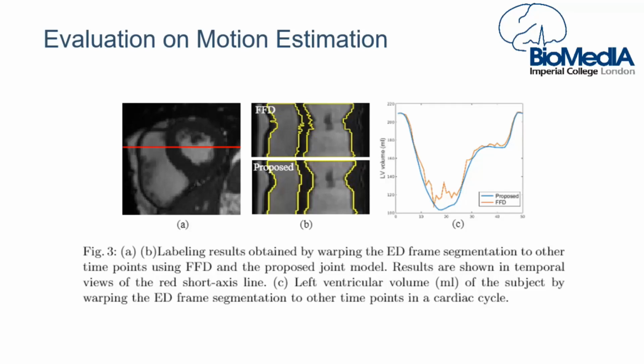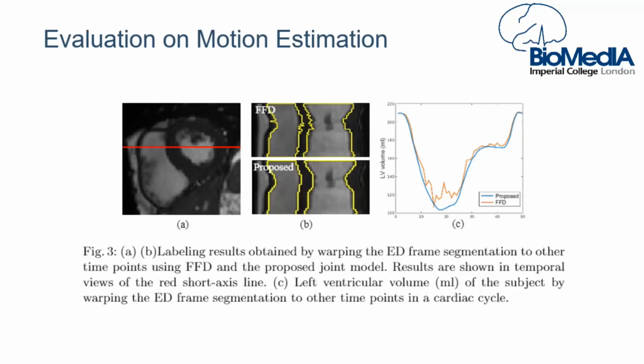Similarly, figure C is the change of the left ventricle volume across the cardiac cycle, which is also done by warping the ED segmentation to other time points. Compared with the FFD, I think we can say that the proposed method offers accurate, consistent, and smooth results.